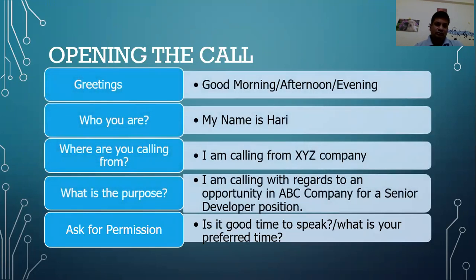So, opening the call. First, greeting. Say good morning, good afternoon, or good evening. Who you are. I've given an example also here. My name is Hari. Where are you calling from? What is the purpose? Ask permission. For example, if I'm calling a candidate, I will introduce myself, saying good morning, good afternoon, good evening.